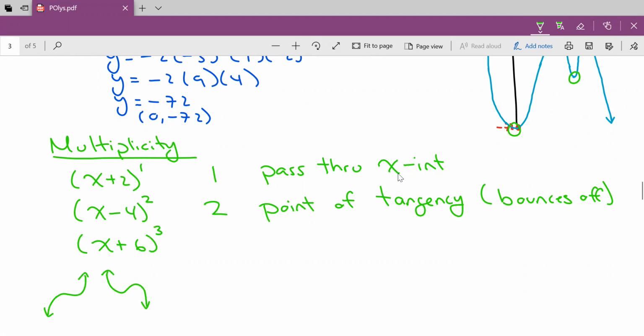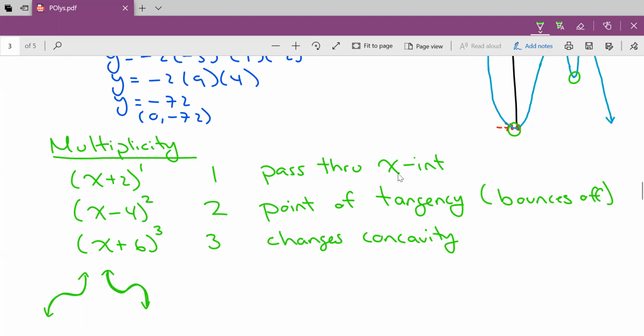It's the graphs that we explored earlier on. So when we have a multiplicity of 3, how we describe this is our graph changes concavity. The graph will change from concave down to concave up, or from concave up to concave down.